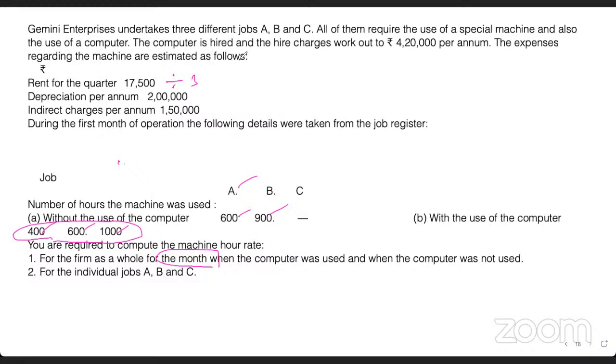The requirement of the question is machine hour rate with the use as well as without use of computer. Total expenses divided by total number of hours. Total expenses 35,000.